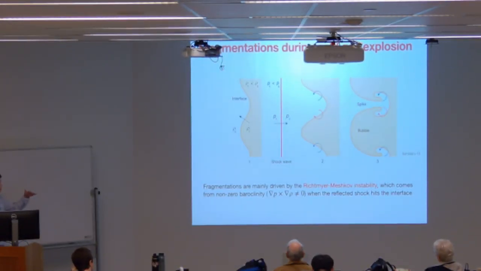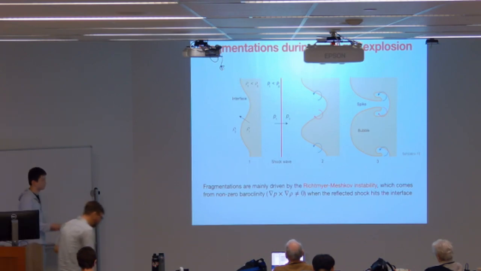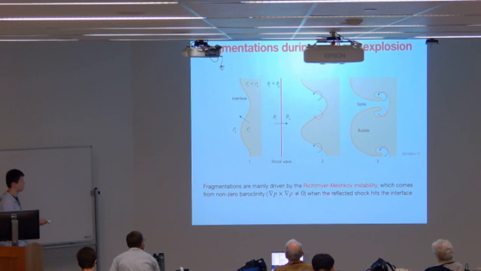Because of the pressure imbalance, the pressure in the hot medium outside is much higher than in the cold gas, which drives an inward shock that bounces back. When the reflected shock hits the cold interface, it can drive an instability called the Richtmyer-Meshkov instability, from the misalignment between the pressure gradient and density.